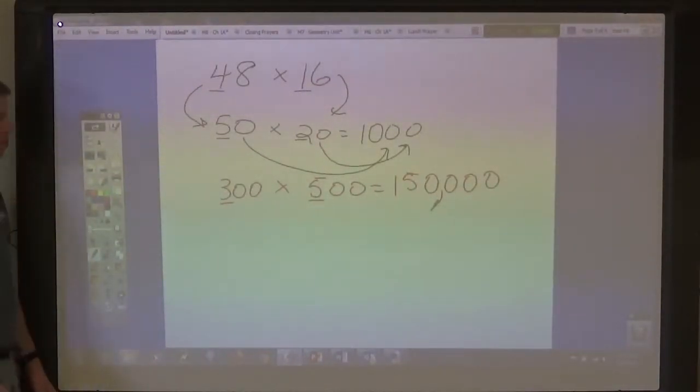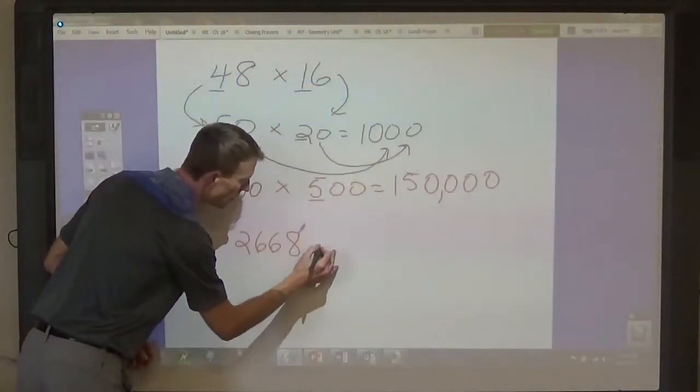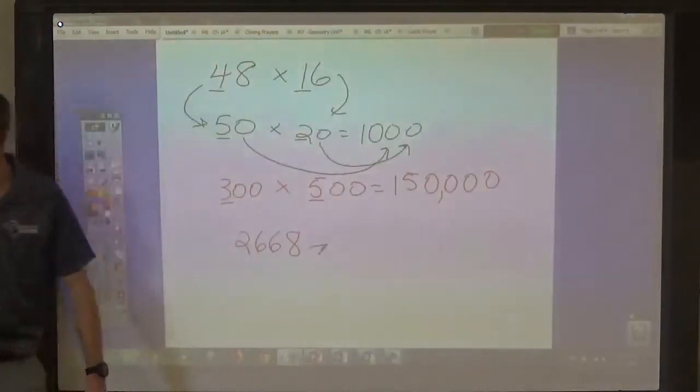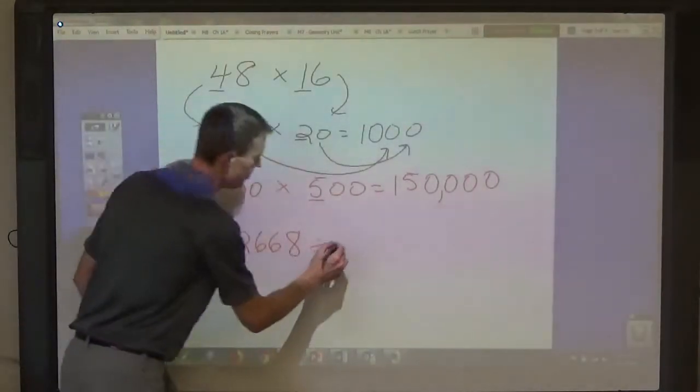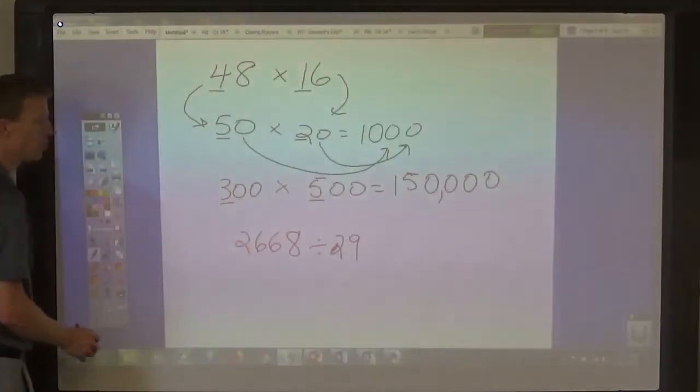Now, what if you had to divide? Example 2 in your book talks about division. Let's say that you have one like this: 2,668 divided by 29. What do you do with division?